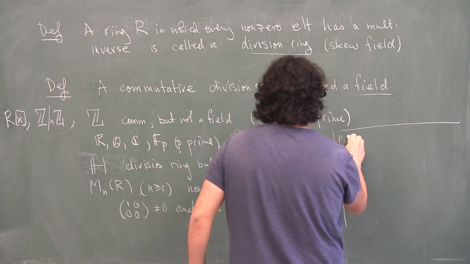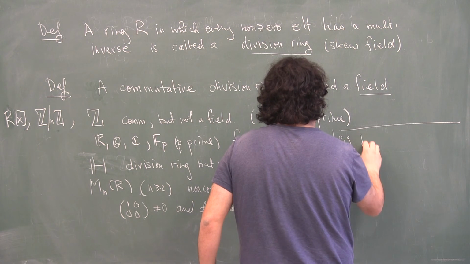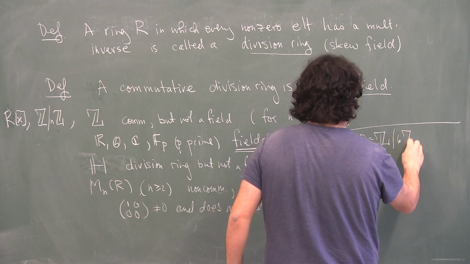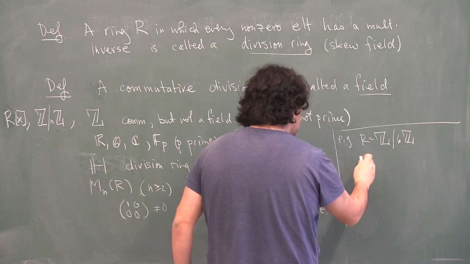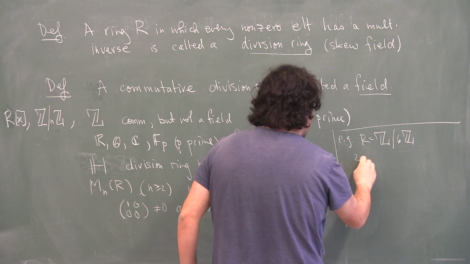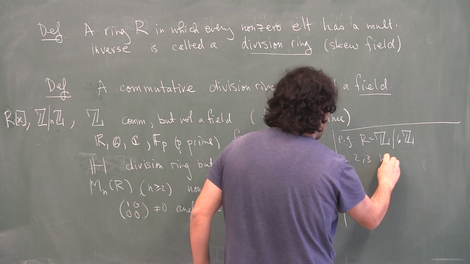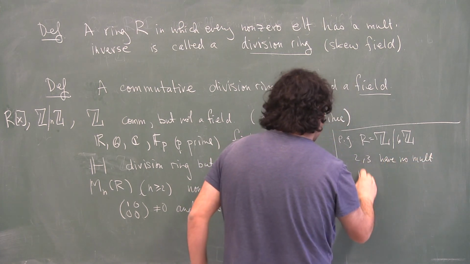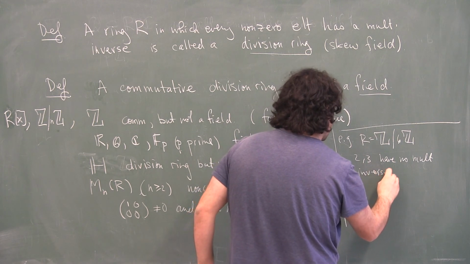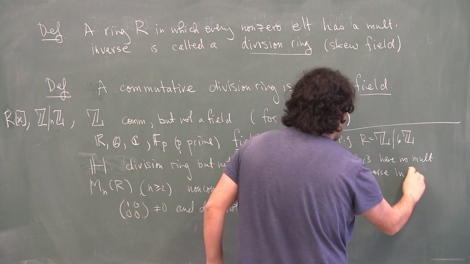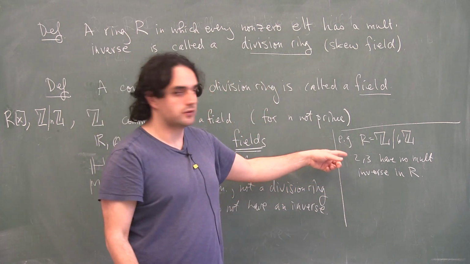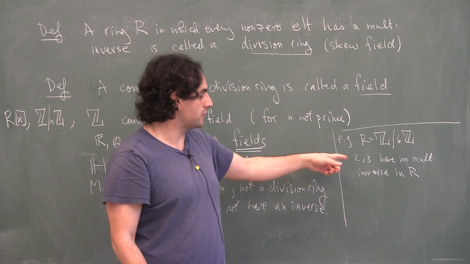So let's look at R is Z modulo 6Z. Then 2 and 3 have no multiplicative inverse in R. What is the reason for that? Let's think for a minute. Why does 2 not have a multiplicative inverse?